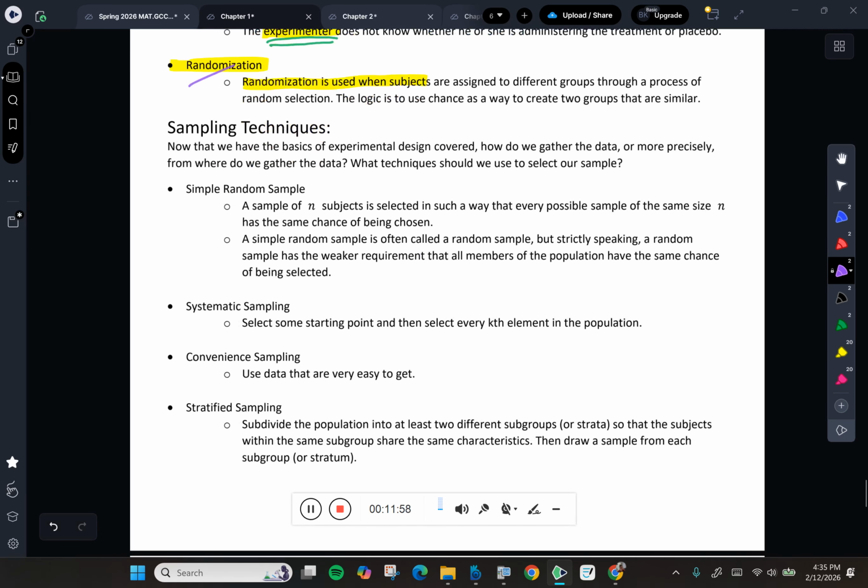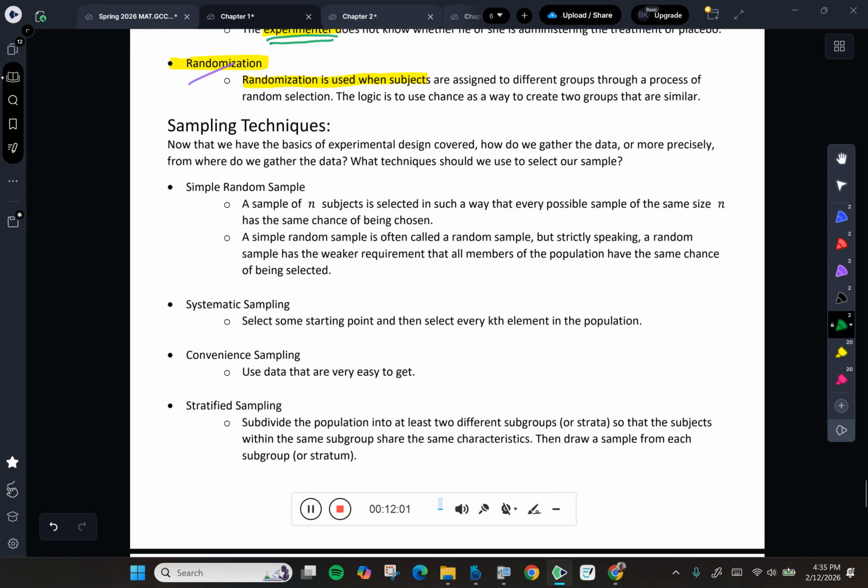Right? When it comes to sampling, when it comes to getting the people or the individuals to put into our study, into our experiment, how do we do that? From where do we gather our data? What techniques or what processes should we use to select our sample? Well, the easiest, the OG, the king of all, is the simple random sample, an SRS.